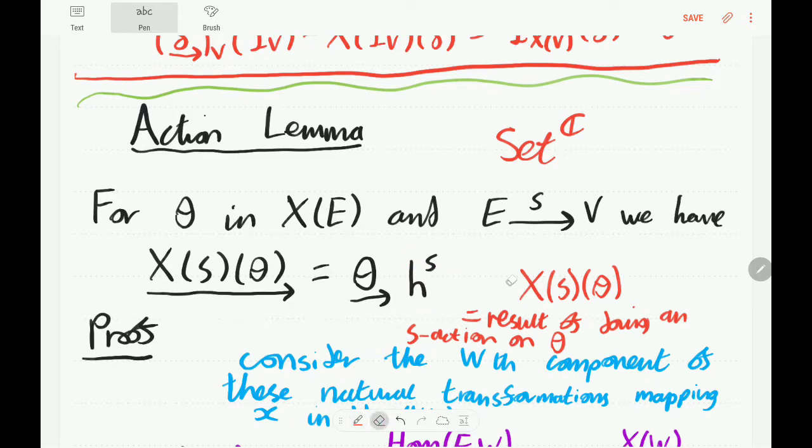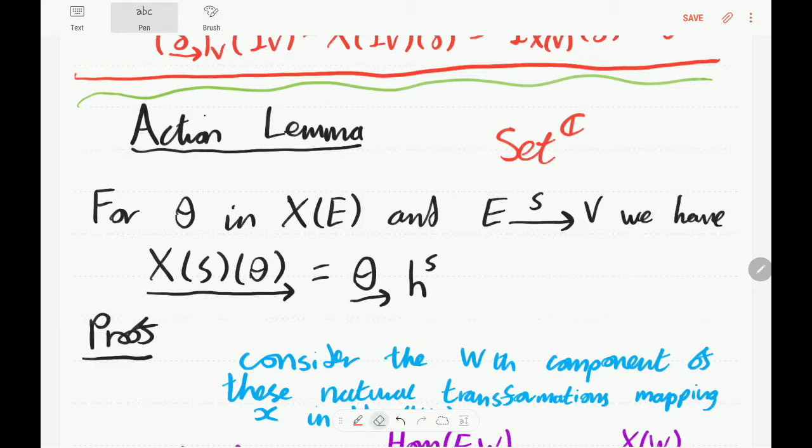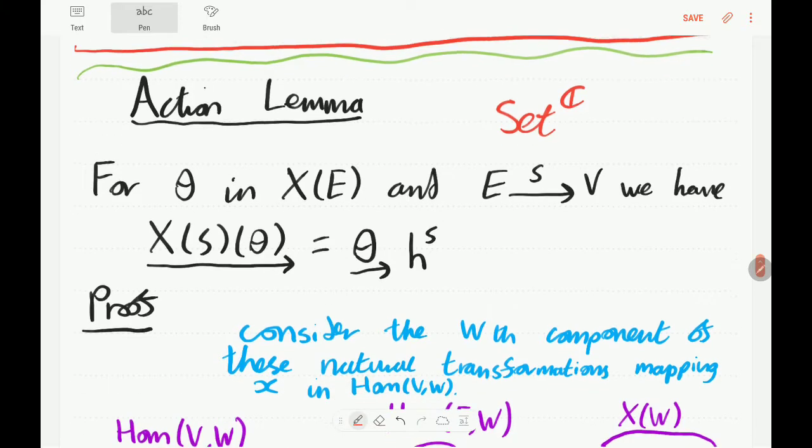Okay, so I think I've explained what this means with the picture, so let's have a look at the proof.